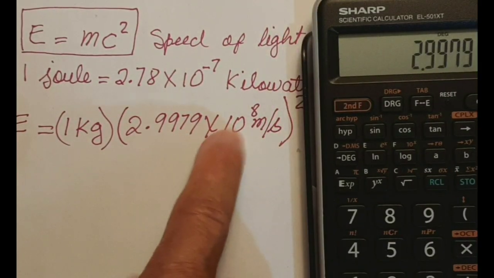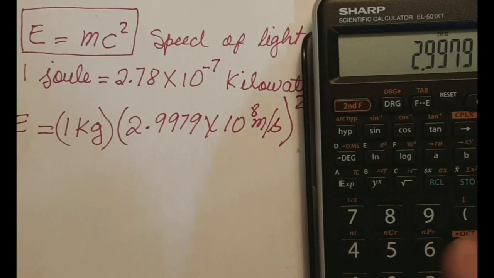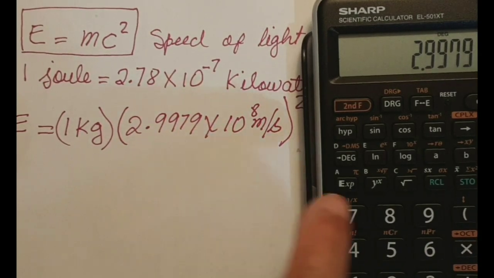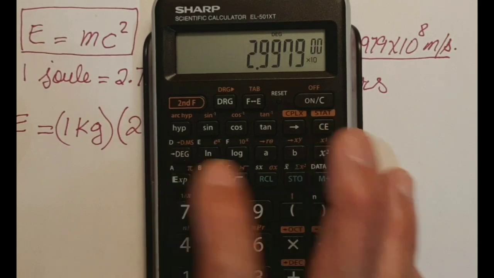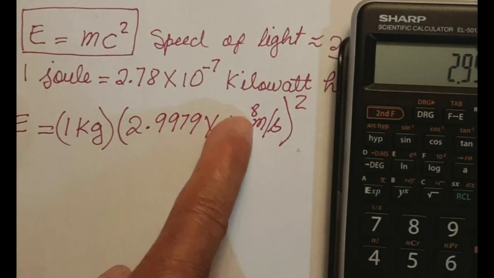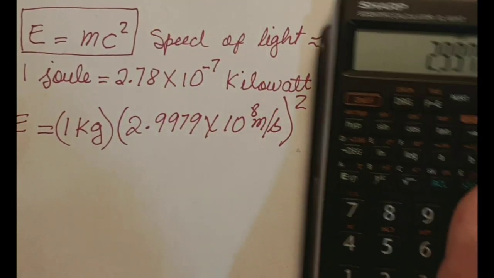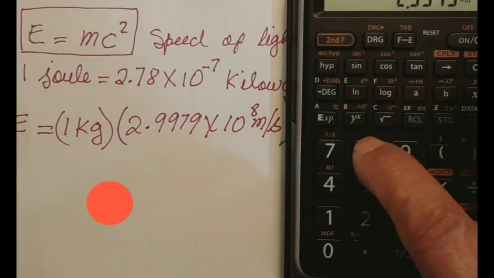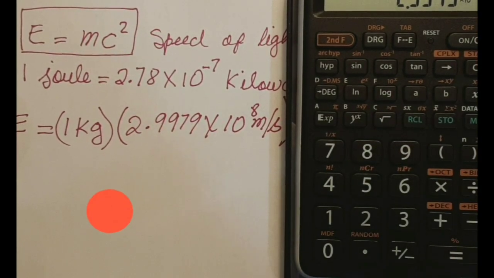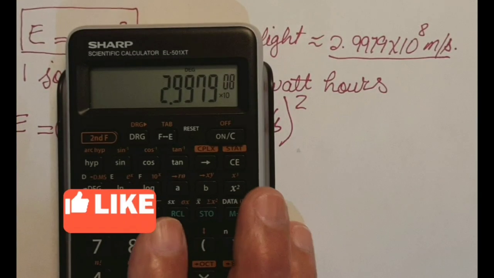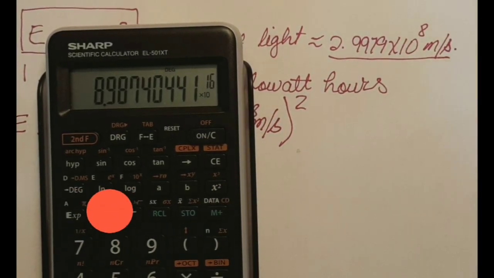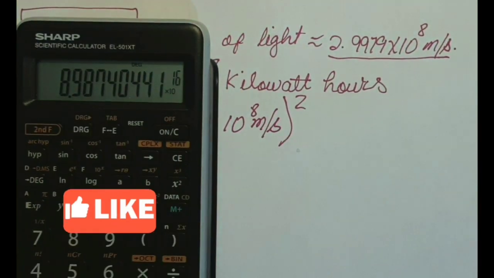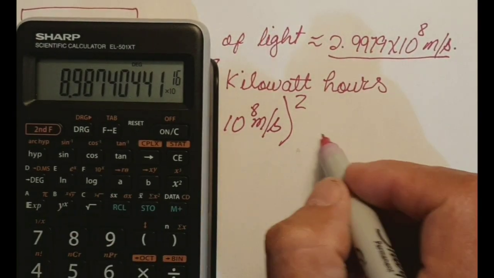The calculator doesn't have exactly this, but it has an exponent key. We put the exponent, it says 8. In the calculator, we have to write 0, 8. Now, square it. Here is the square. This is the amount.